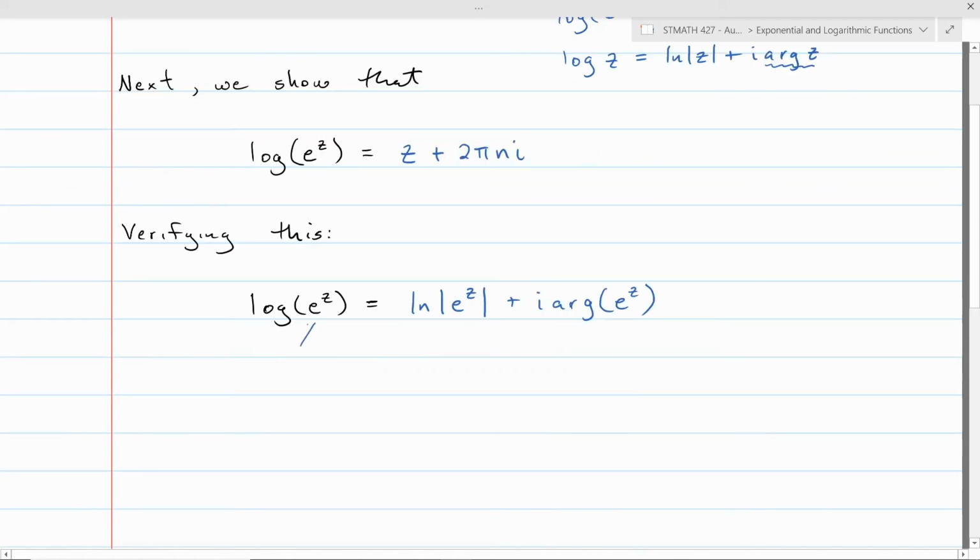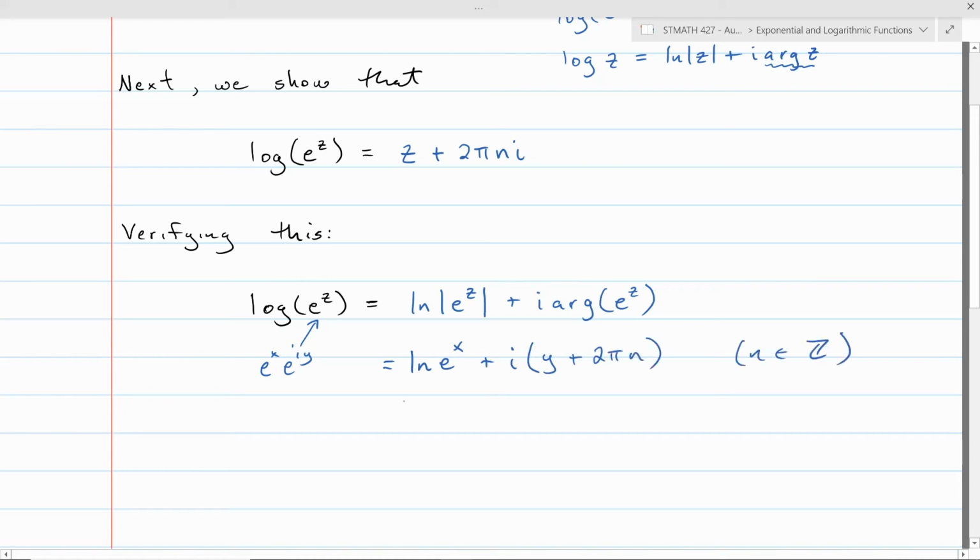If we're thinking of our e to the z here as e to the x times e to the iy, then the natural log of the modulus of e to the z would be the natural log of e to the x. And the arg of e to the z is just y plus 2 pi n, where n is an integer.